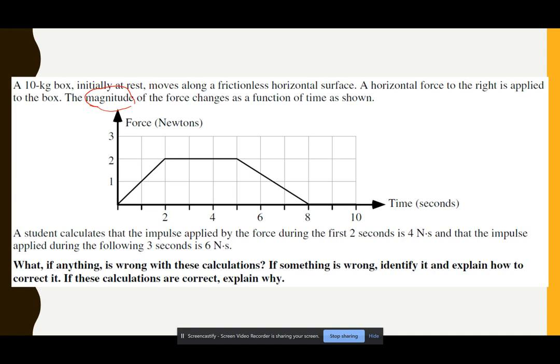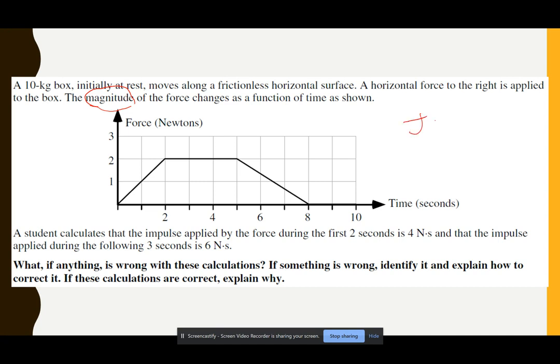A student calculates that the impulse applied by the force during the first 2 seconds is 4 Newton seconds, and that the impulse applied during the following 3 seconds is 6 Newton seconds. Is anything wrong with these calculations? If something is wrong, identify it and explain how to correct it. If the calculations are correct, explain why.